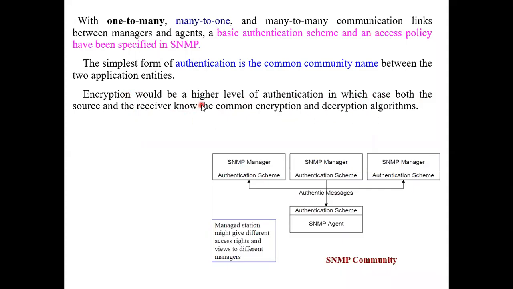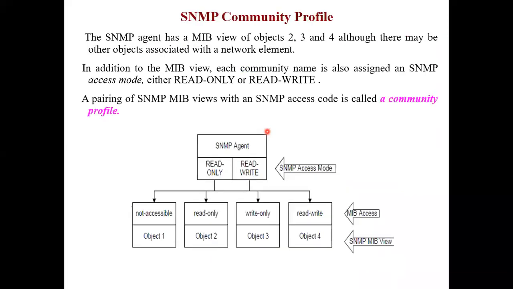So here it is at the higher level of authentication. If we want to do it we can, but since it was the first version, we didn't keep any encryption decryption algorithm. It was just by defining a community and putting the agents and the manager into one community that they were allowed to exchange the data.